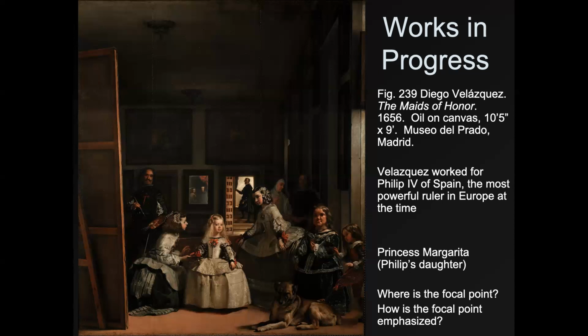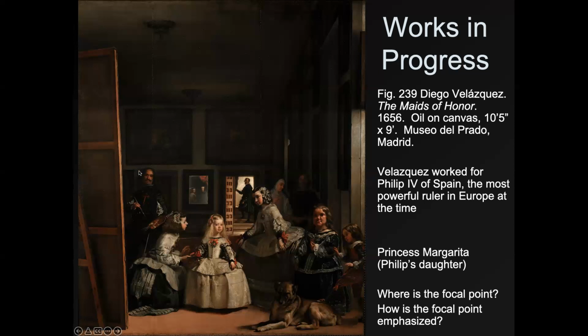He was a member of the Habsburg family. From Spain, they expanded out into the Mediterranean, and into the Netherlands, in a place that's called Belgium, and had taken over a wide area. So this is a very, very powerful man. And he's painting this for the office of Philip the Fourth.